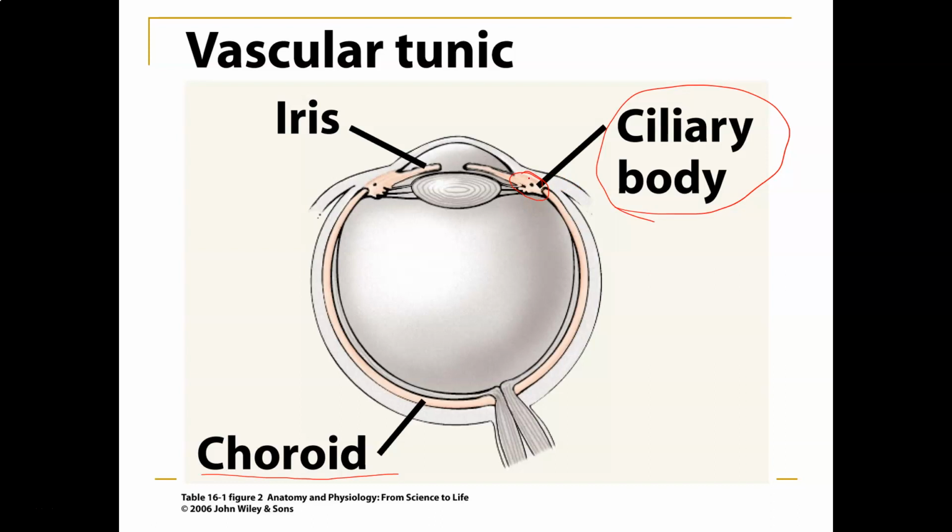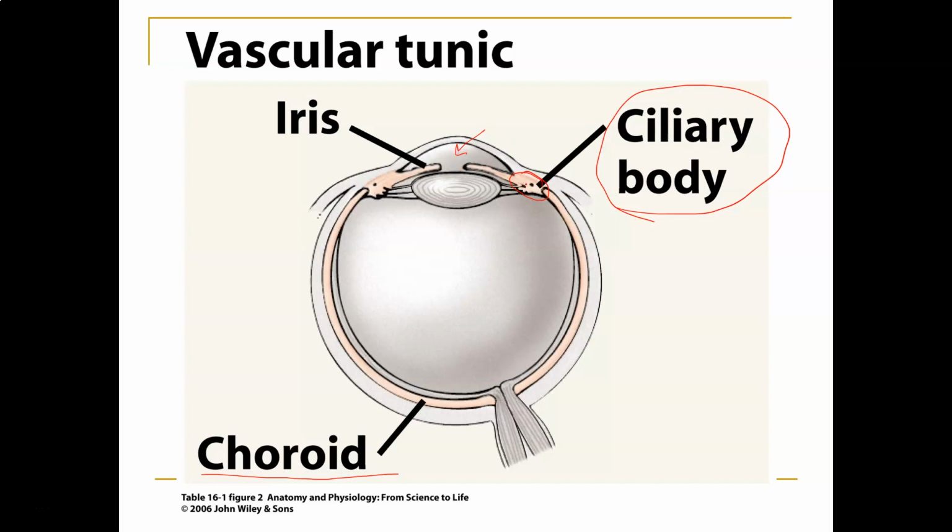The ciliary body has, I would say, two main functions. It makes the aqueous humor that's in this anterior cavity, and it makes it like we make most of our body fluids, from blood, from the plasma. So it's a plasma derived substance that you are constantly making and draining away from the anterior cavity.